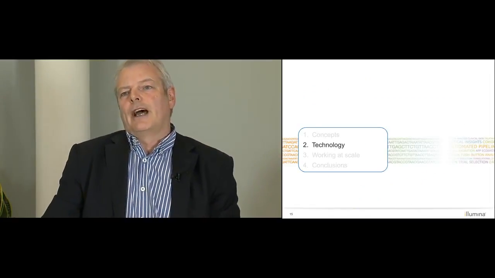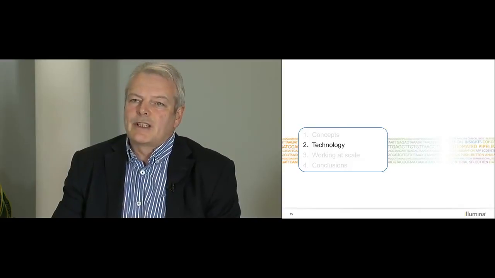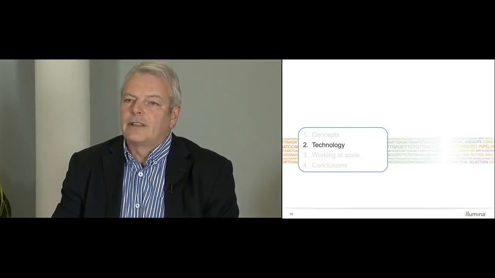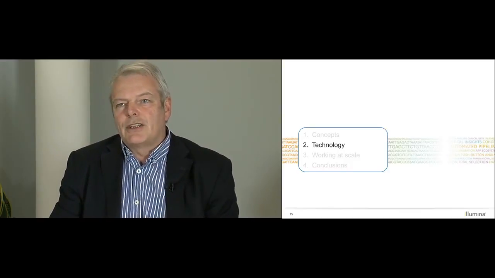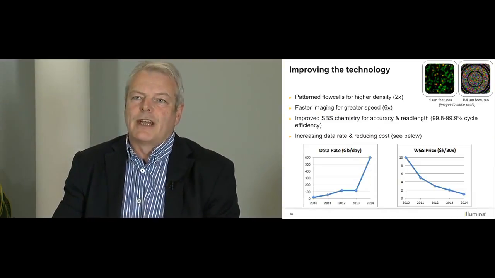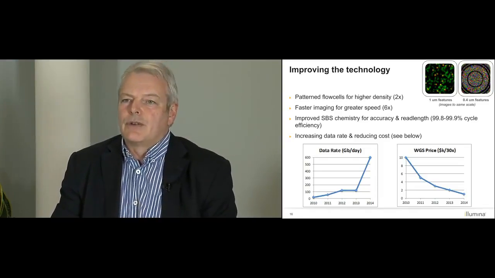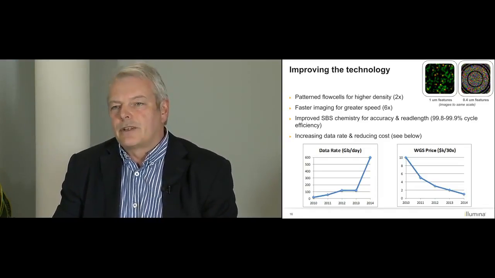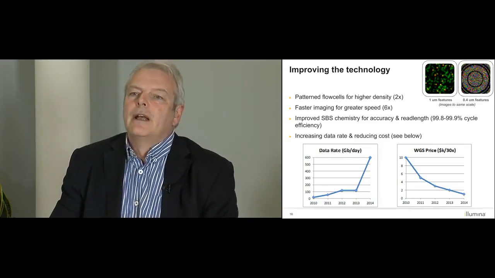I'd like to move on now to briefly discuss some of the technology aspects that we've been working on that are highly relevant. They're growing points in the curve. First of all, clearly technology itself, the actual generation of sequence data, is a very important driver in this whole field. It was a disruptive change in data rate when we first developed the Illumina system based on the Solexa chemistry.